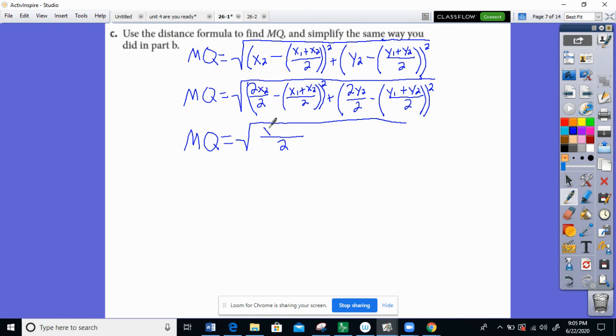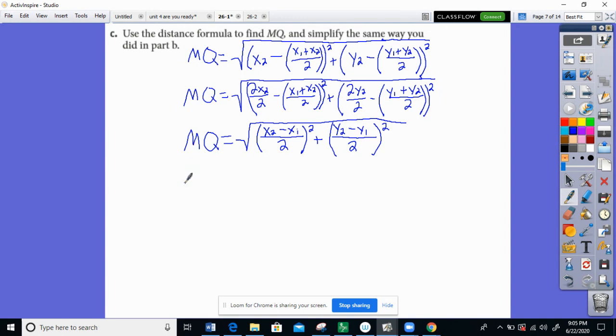Well, that's just x2 minus x1, but we're still squaring that. All right, and then we want to do the same thing over here. We've got a common denominator of 2, so we're going to combine those two fractions together. 2y2 minus 1y2 is y2 minus y1. We're taking that whole expression and squaring it.